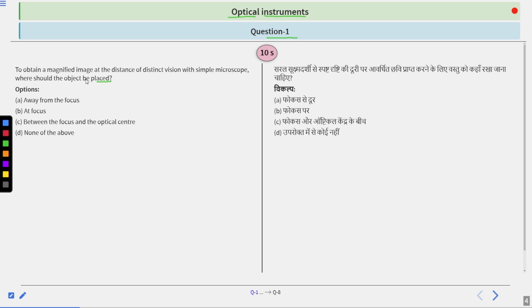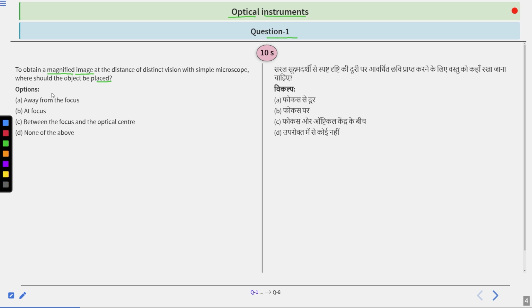This question asks where the object should be placed to obtain a magnified image. Clear? This is the question.